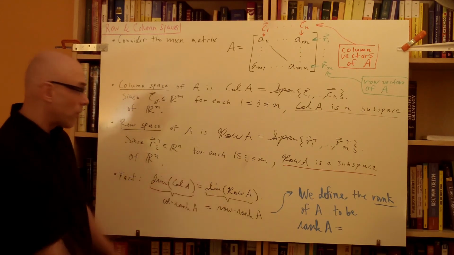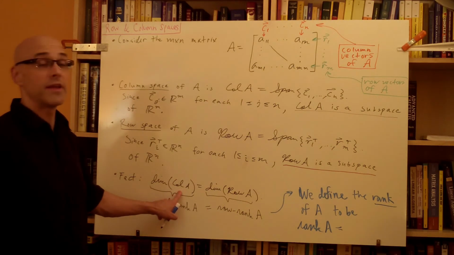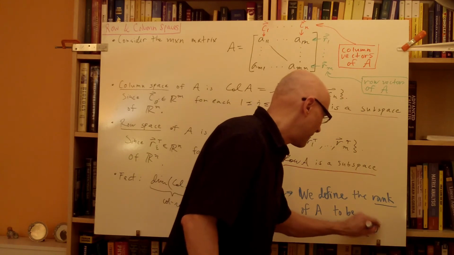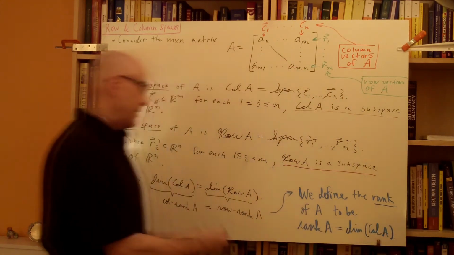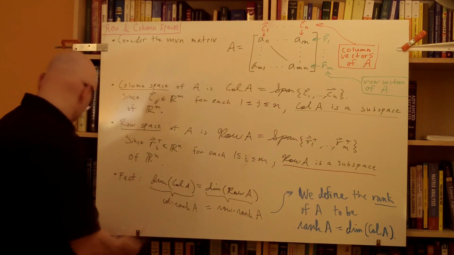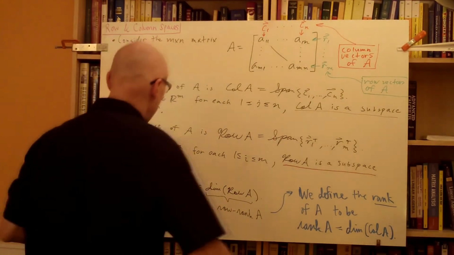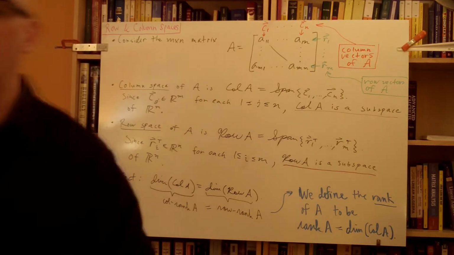So you could just say that the rank of A is the dimension of the column space of A, and that's good enough for us. Okay, so we want to look at an example now.